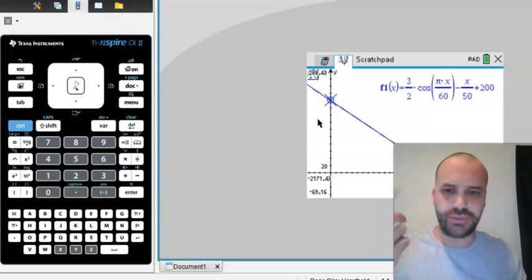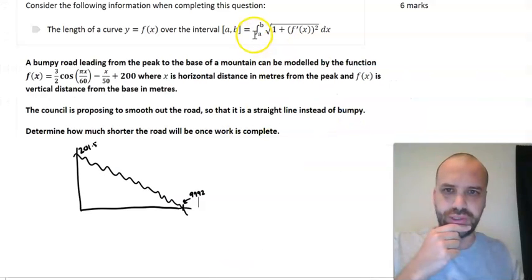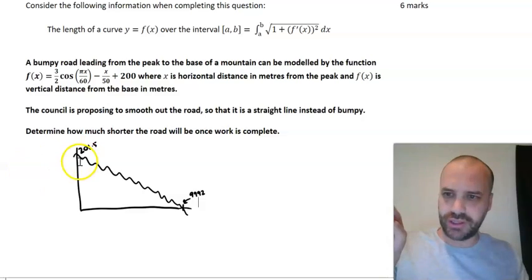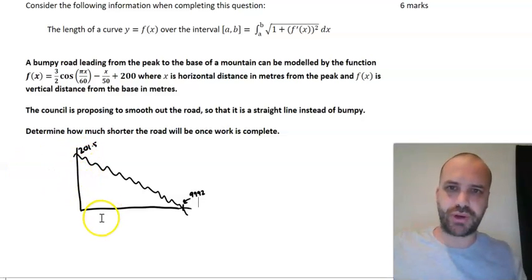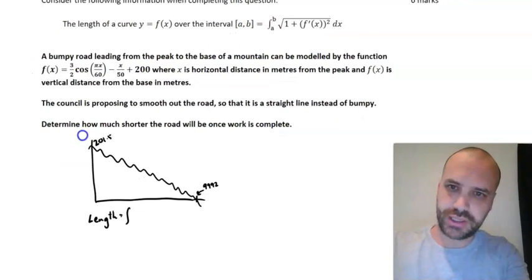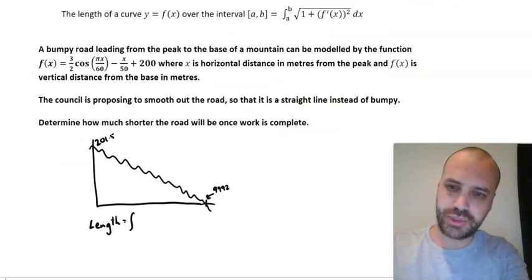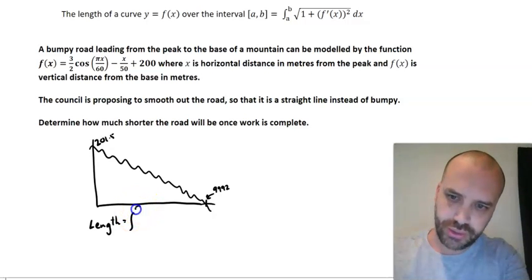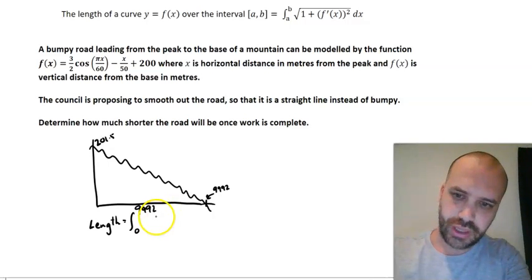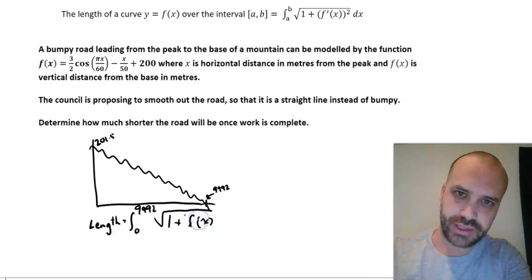So now we should be able to use that formula here to find the length of this bumpy road. The length of the bumpy road, according to our formula here, is going to be the integral between b and a, so 9992 and 0, of the square root of 1 plus f dash of x, all squared, with respect to x.